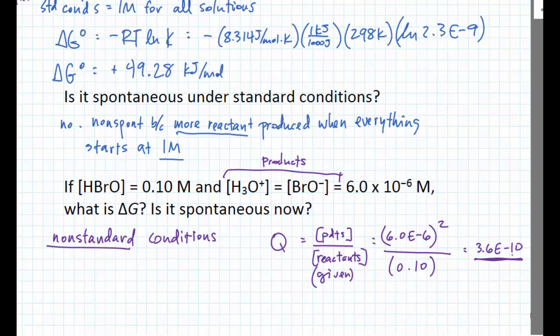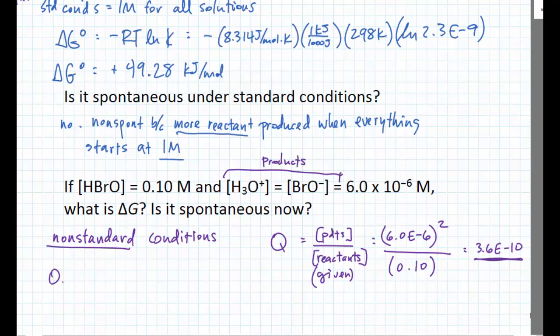What we did before was compare Q with K to figure out if we're going to be going forward or if we're going to be going backwards from this, right? Because K is the endpoint. Q is where we happen to be starting with. When we did standard up there, we did it with Q equals 1 as our starting point. Here we're doing it with Q equals that as our starting point.